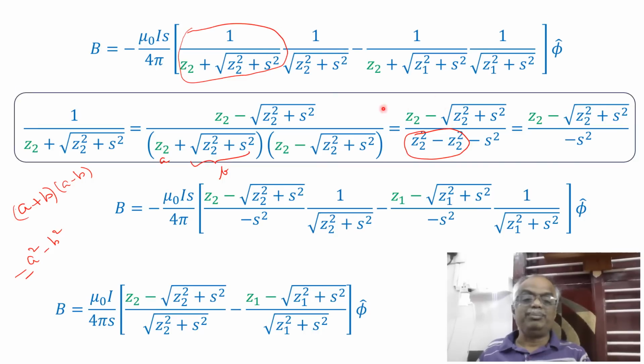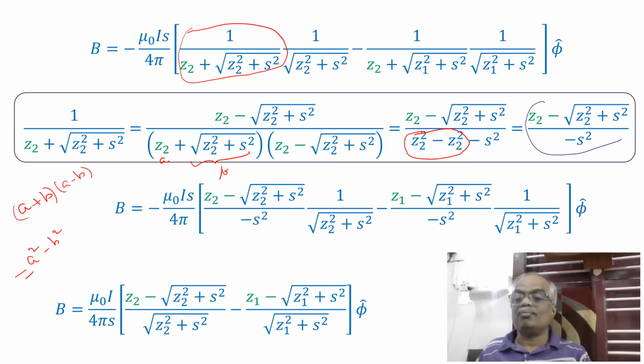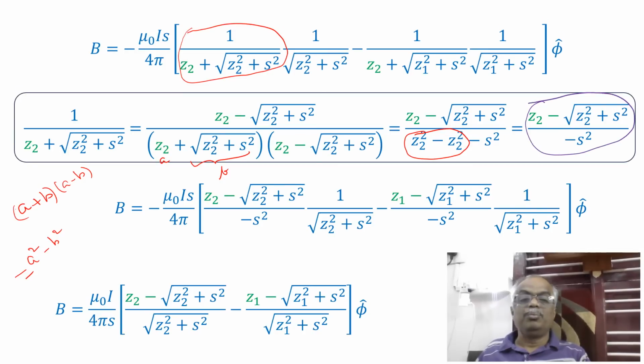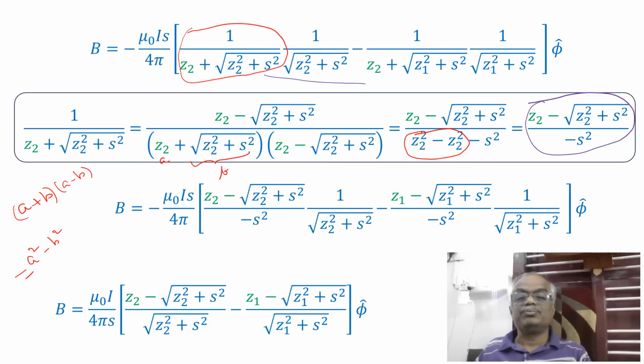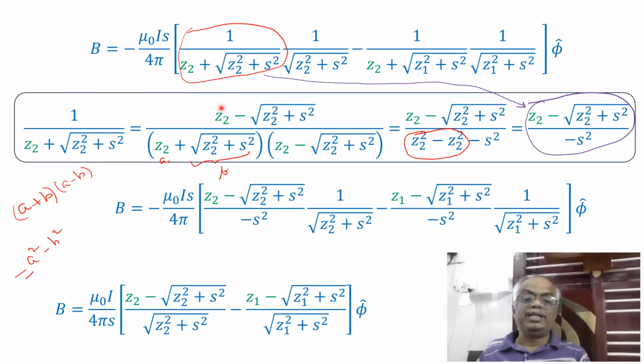So it can be replaced for this one. I will use a different color. You can replace this for this term. If you replace this, you will get z2 minus square root of z2 squared plus s squared divided by minus s squared, this term.